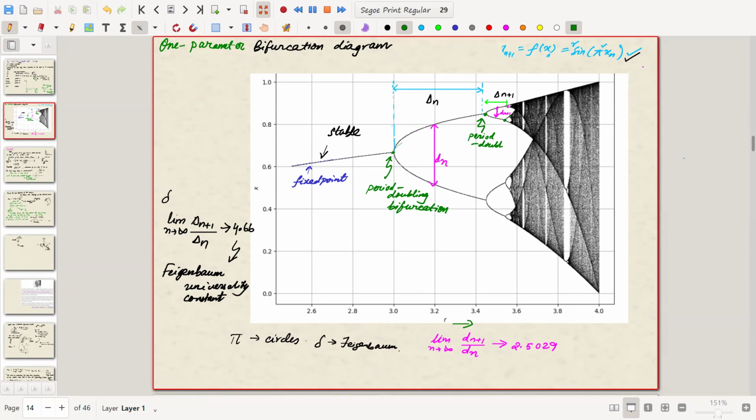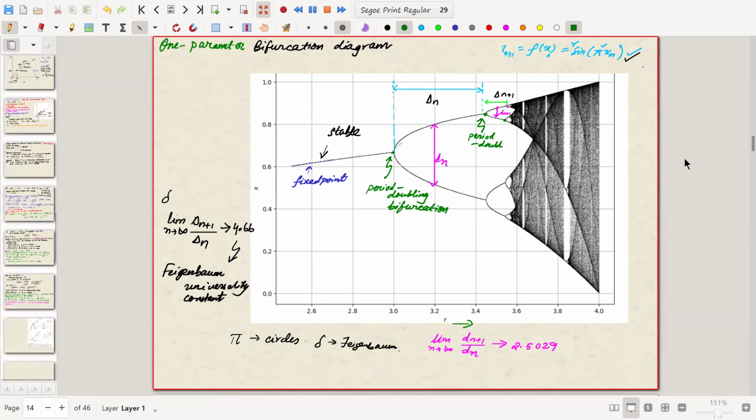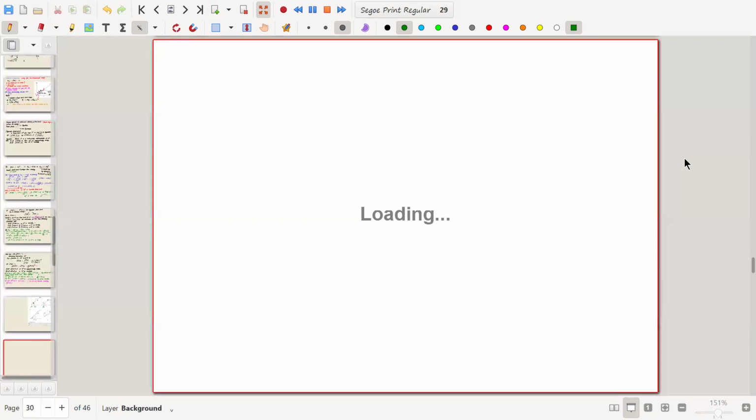Stability of periodic point hugely depends on computing the stability of fixed point. How? Yeah, that's the catch. And that's where I'm coming to. So the next part of the lecture is on the periodic points.